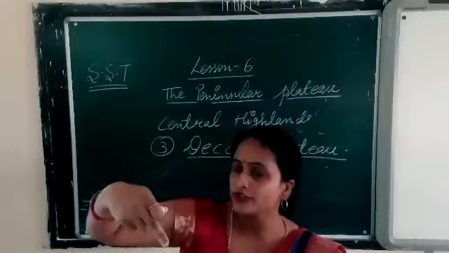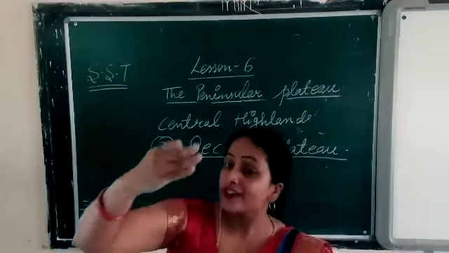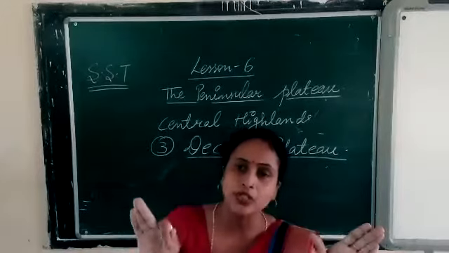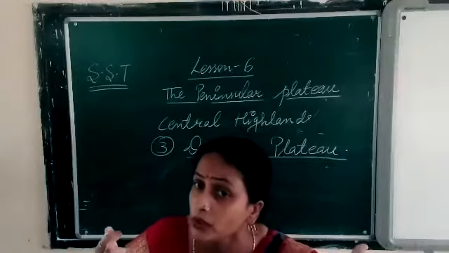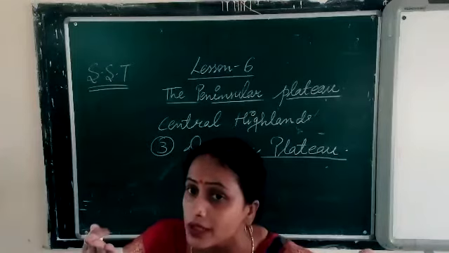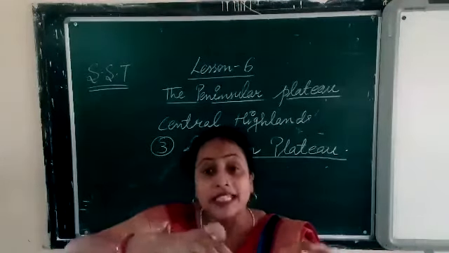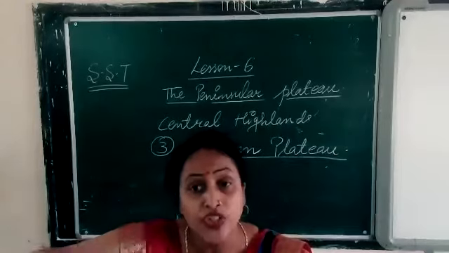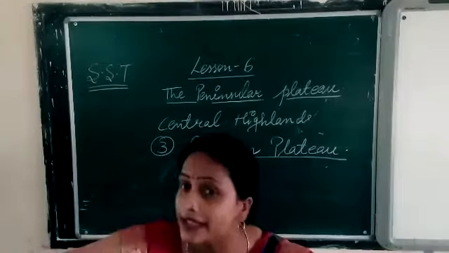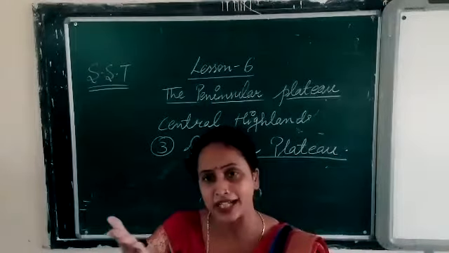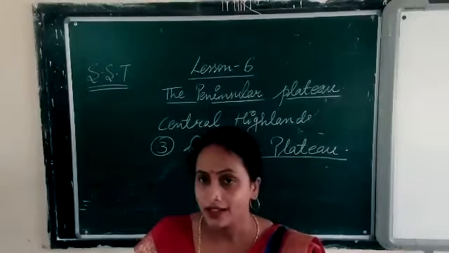The Western Ghats and the Eastern Ghats are also included. That region is covered with the Deccan Plateau. Very good. These are the states which come under the Deccan Plateau. So what have we learned about the Deccan Plateau?